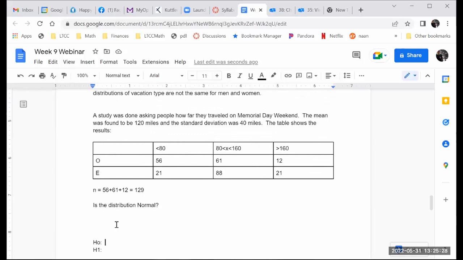I say that the distribution, remember it has to have the word distribution when you have a goodness of fit, of miles driven or miles traveled on Memorial Day weekend, H0, is, any guess?